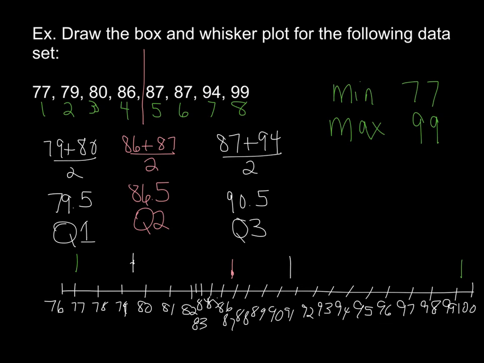So now I'm going to draw my box. My box is my Q1 through my Q3. Okay, so that forms my box. And then I simply just draw the whiskers out to there. And that is my box and whisker plot of this data. And that gives me a visual idea of where the data is.